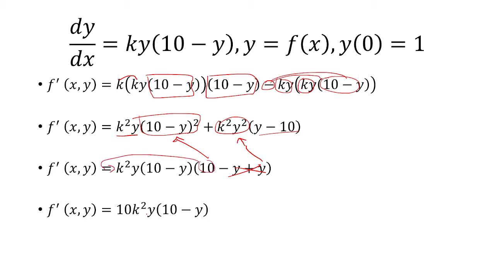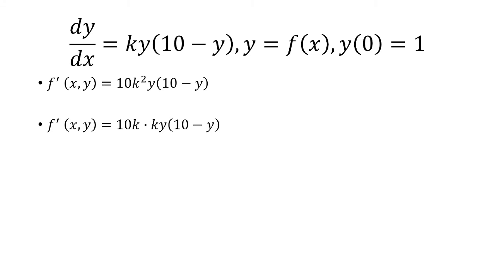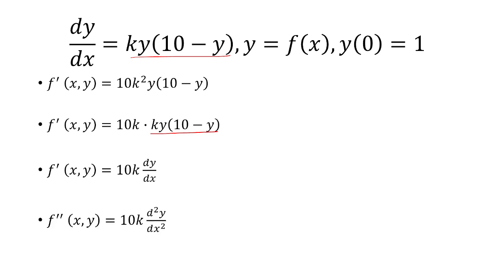So it's 10k^2 y(10 - y), which I'm going to break up as 10k times ky(10 - y), because this thing is dy/dx. And the reason I did this is because now it's a lot easier to take the derivative of this, since we're looking for the second derivative.